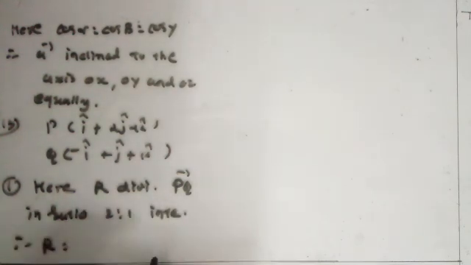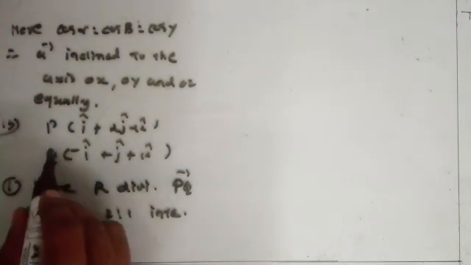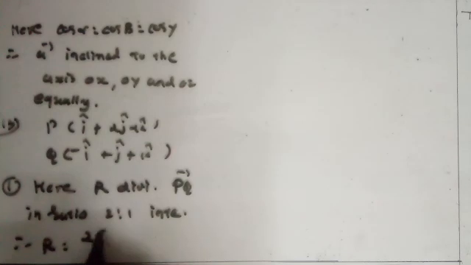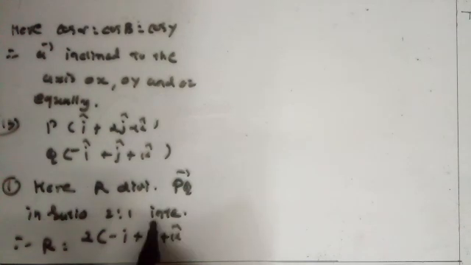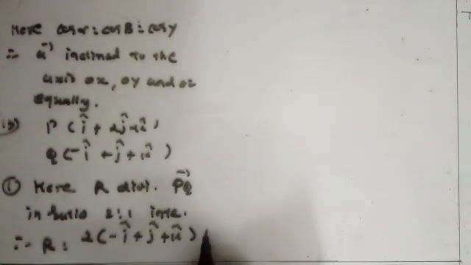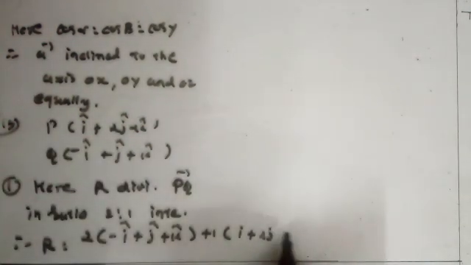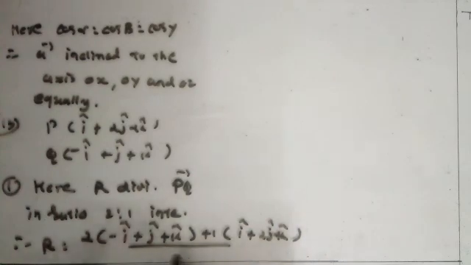Therefore the position vector of R is equal to, we know that, 2 into the position vector of Q, that is (-i + j + k), plus 1 into the position vector of P, (i + 2j - k), upon 2 plus 1.